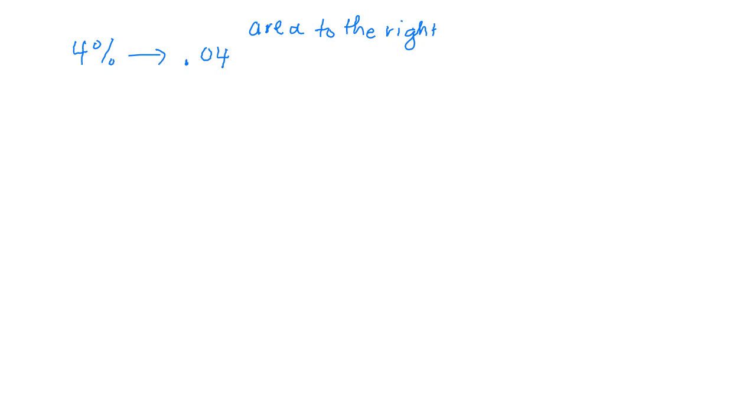What information do we have here? That's the area already, 0.04. So use the complement rule: 1 minus that given 0.04.